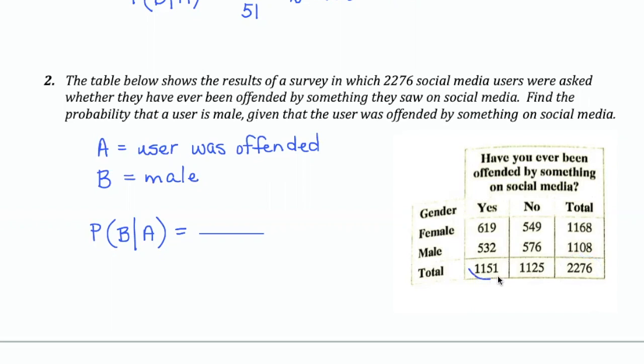So this probability is only out of a pool of 1,151, and of those 1,151, 532 were male. So the probability of being male, if you pick up a calculator, is approximately 0.46, or a 46% chance that if you knew somebody responded they were offended, that person would be male.